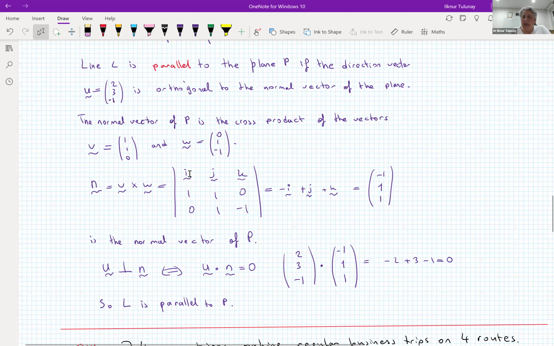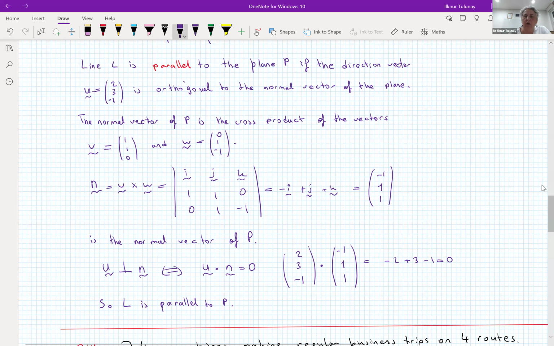By the definition of determinant, you get the coefficient of i by removing this row and this column and calculating the determinant of what remains. So this will be i, and that will be 1 times 1 minus... which gives minus 1. So we have minus i here. For the j column, which is the first row, second column, we have a minus 1 here because of the position.